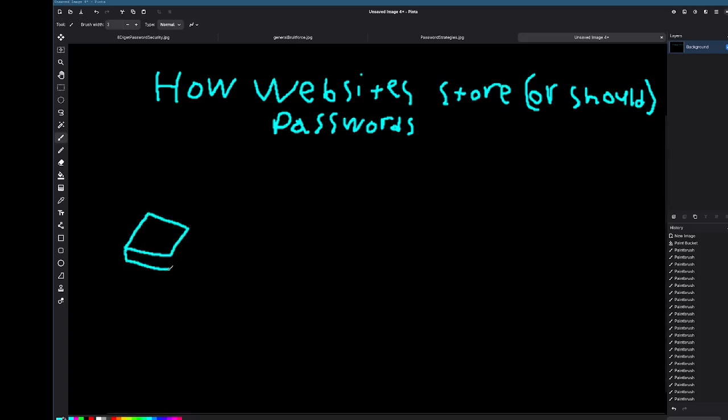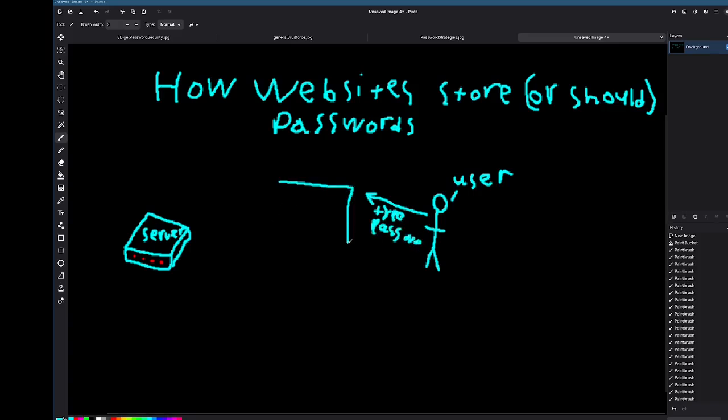This stores your username, and it doesn't actually store your password, but it stores what's called a hash of your password. Basically the user will send their user credentials, their password and username, and their browser will do this hashing function on it. And then it'll send the hashed password to the server so the server can verify if that user is who they say they are.